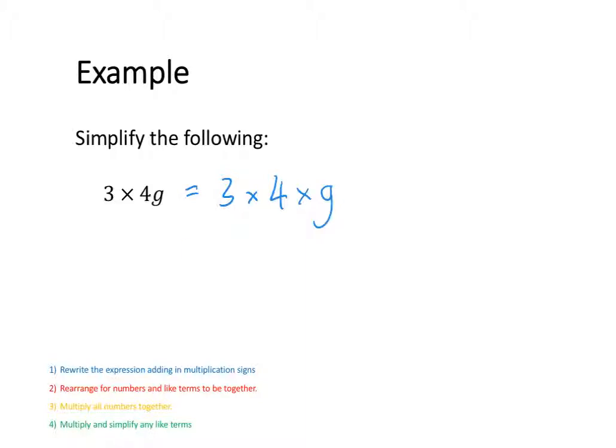So the next step is to multiply my numbers together. So 3 times 4 is equal to 12 times g. And the last step is to simplify any like terms, which I don't have. So I can just simplify my overall expression to remove the multiplication sign. So it's going to equal 12g. So 3 times 4g is equal to 12g.